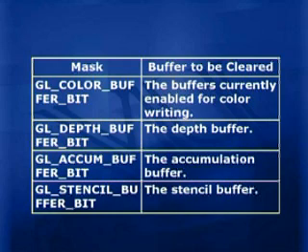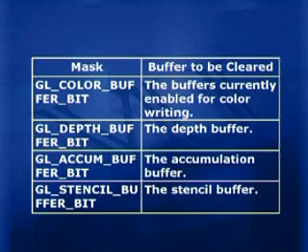So if we specify the mask called GL_COLOR_BUFFER_BIT, then what would this do? The buffers currently enabled for color writing would be cleared. This is one of those masks that we can specify. We can specify each and every one of these. Those that are specified would be effective, and those that are not would not be.